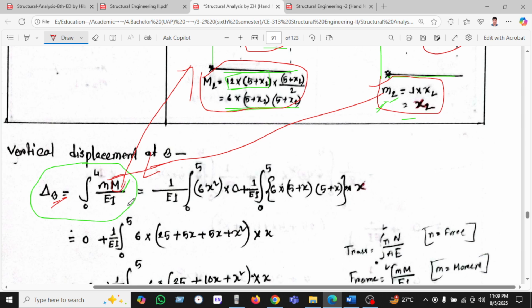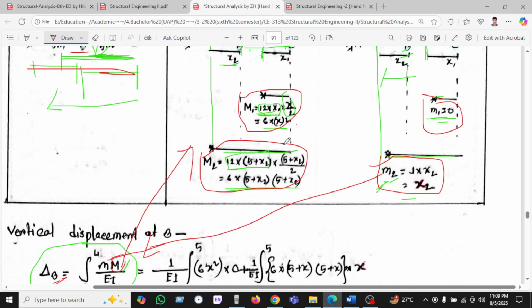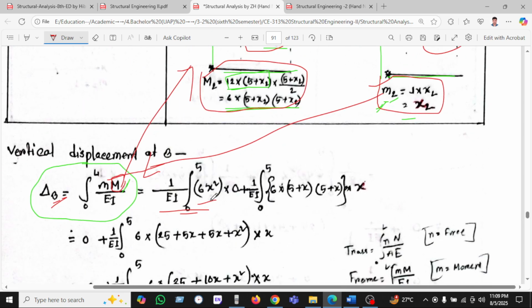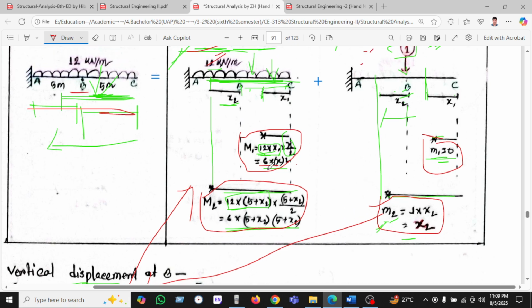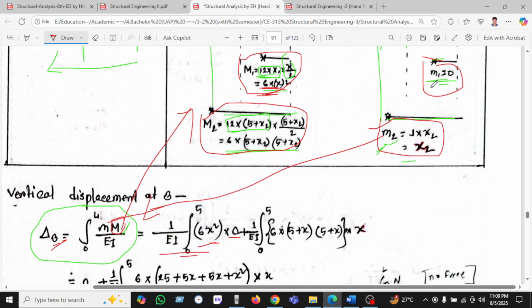Okay, so let's see here. At first I am taking the bigger M. EI is common, as we have on the wall. So this is the bigger M, or block letter M, into the small letter m. The small letter m is 0.